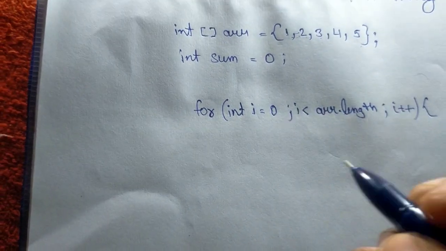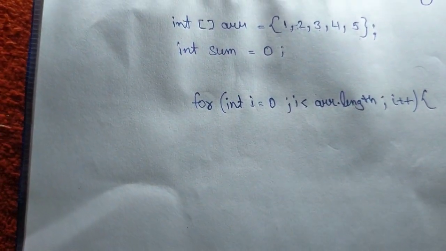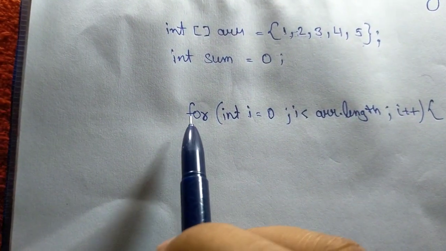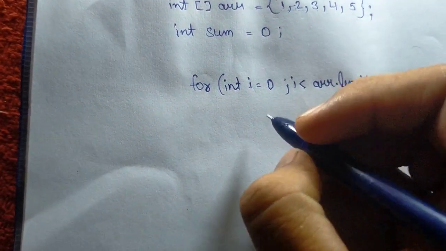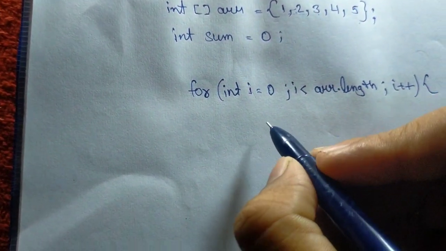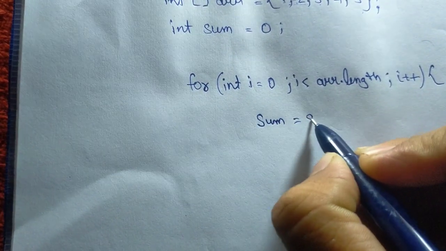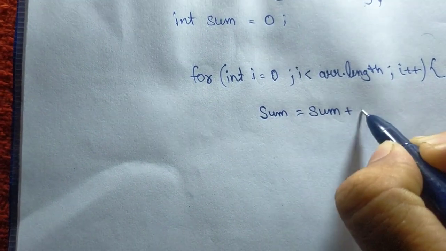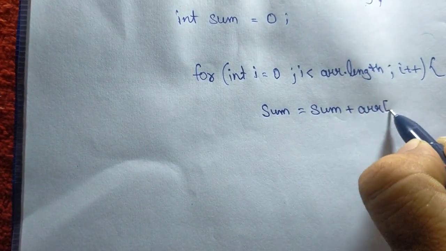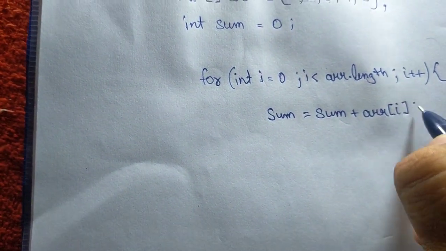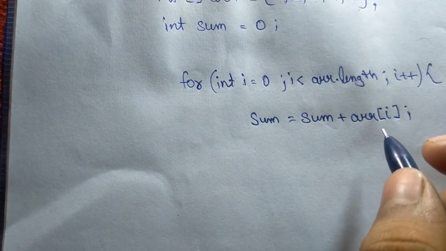Okay, after that, what we do in this loop is sum equals sum plus arr[i]. Okay, why would we do this?